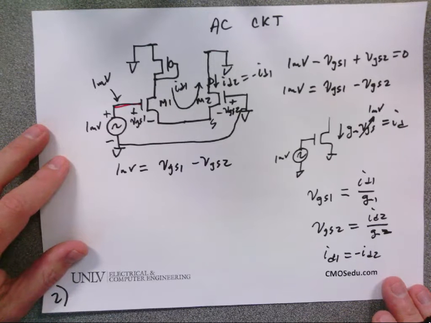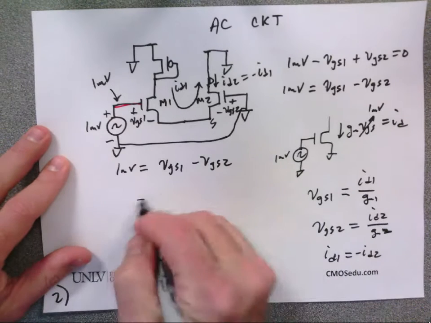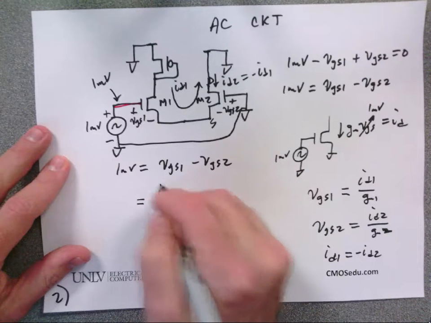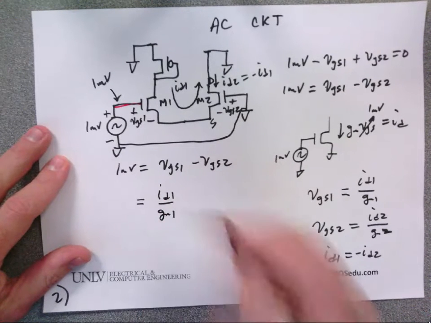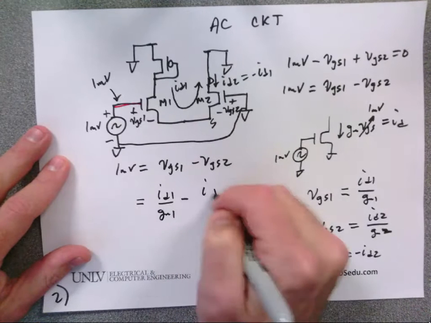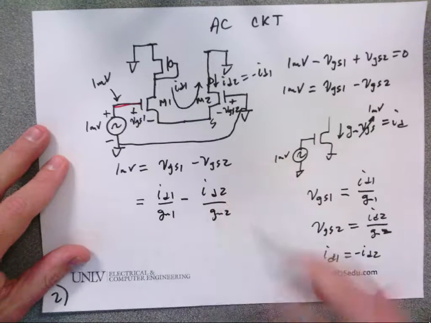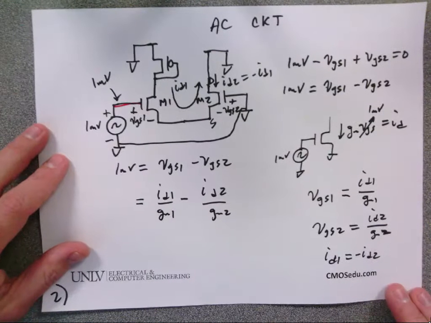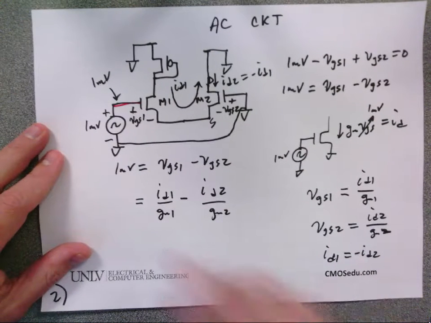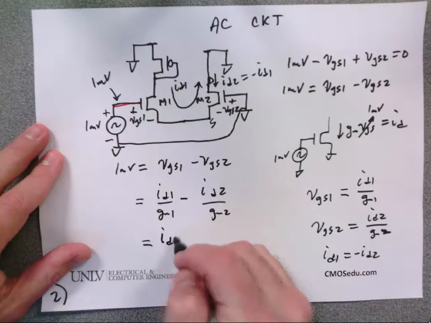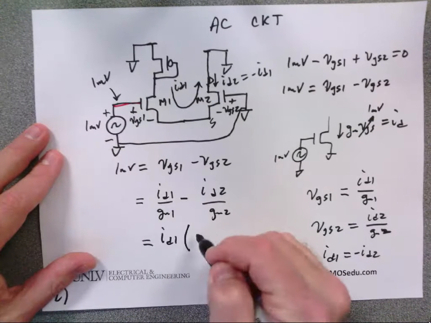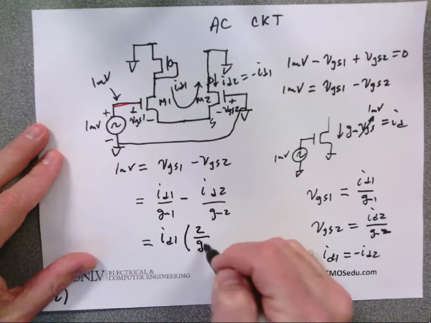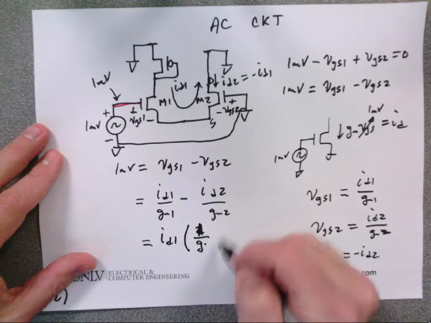Plug and chug. So I get ID1 over GM1 minus ID2 over GM2. Now what? Well, let's write it like this.